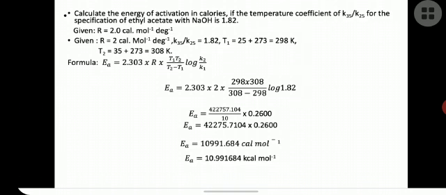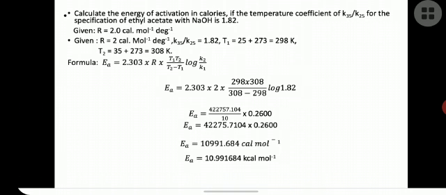Calculate the energy of activation in calories if the temperature coefficient of K3/K5 for the saponification of ethyl acetate with NaOH is 1.82. In this case, R is given to us. It is 2 calories per mole per degree.